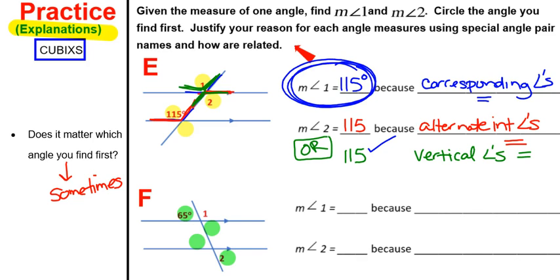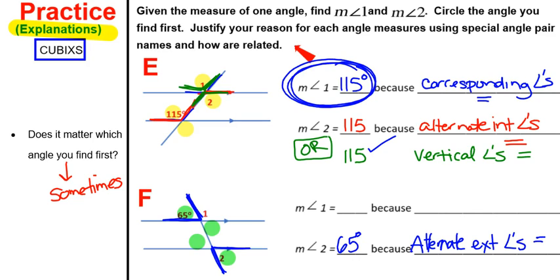Then I need to figure out why is it like that. So if I highlight this angle and I highlight this angle, I need to figure out, do they have a special angle name? And it turns out they do. Those guys are alternate exterior angles, and those are always equal.